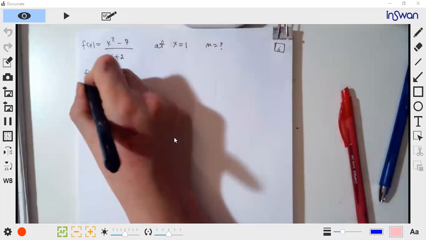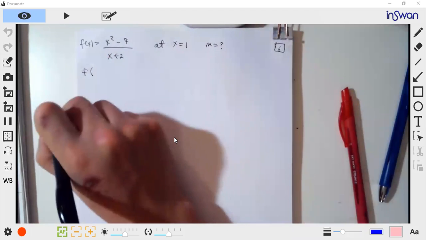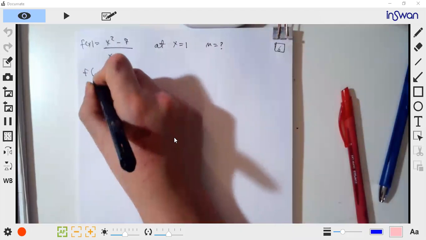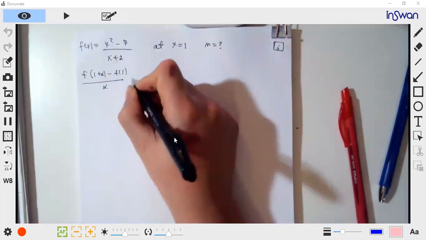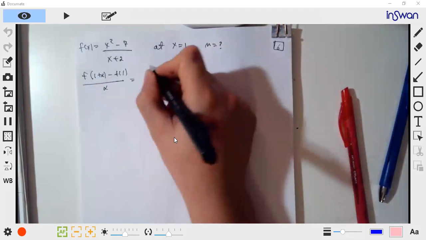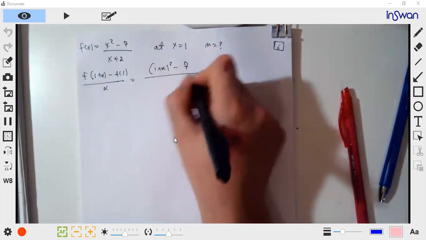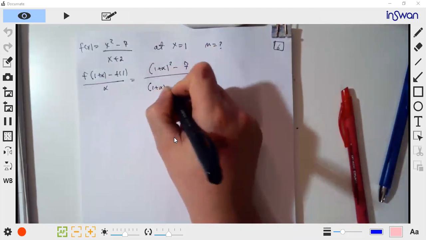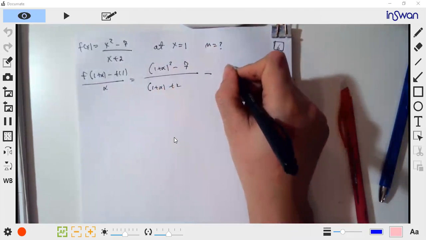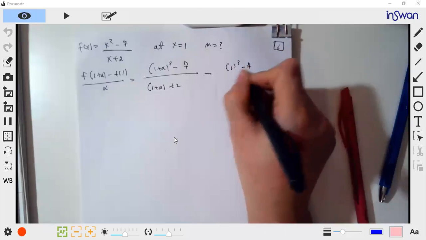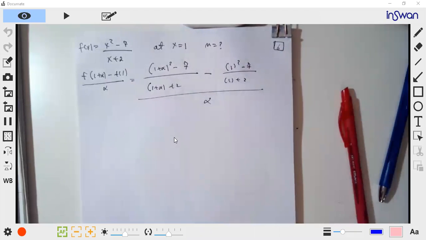Well, again, m is f of 1 plus alpha minus f of 1, over alpha. So this is going to be 1 plus alpha squared minus 7 all over 1 plus alpha plus 2, minus 1 squared minus 7 all over 1 plus 2, everything divided by alpha.